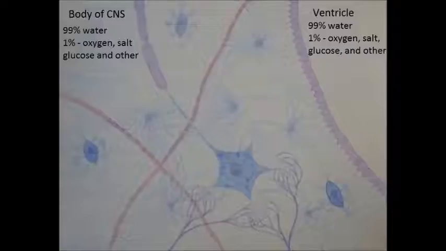Okay, so here we have the ventricle. This is 99% water, salt, oxygen, glucose. Now, these are ependymal cells joining the two. These are completely open. There's loose connections through that, so there's an easy flow of fluid backwards and forwards.